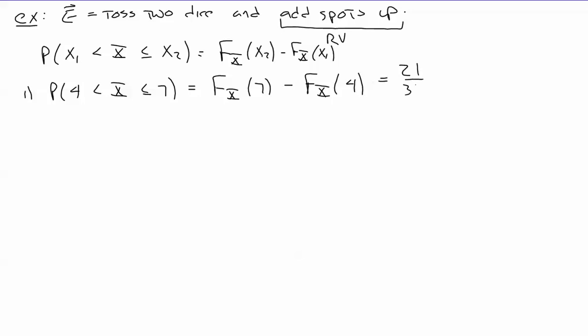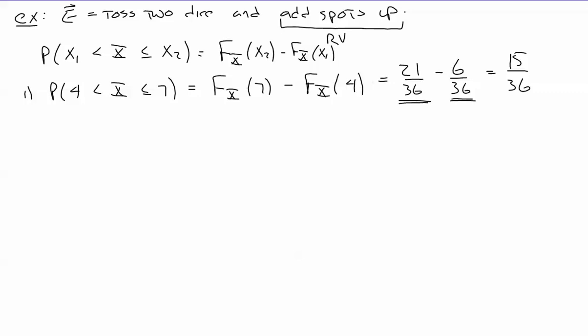That's 21/36 minus 6/36, or 15/36. Now to get access to these values, you're going to have to probably go back and look at the probability mass distribution, the cumulative distribution function, and the random variable assignment tables. I'm going to leave it to you to go work that out on your own. Please do practice and check my math.